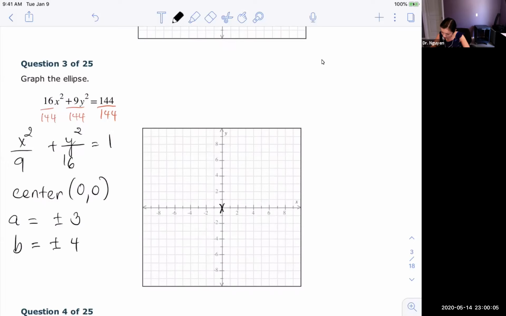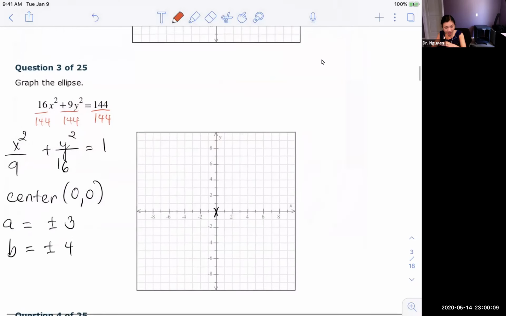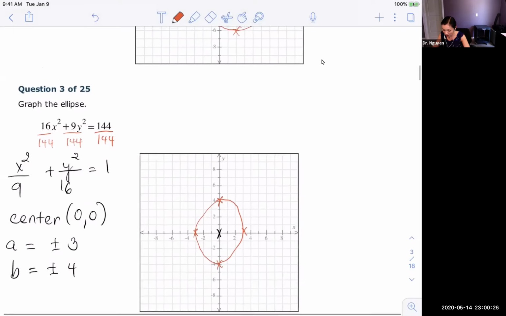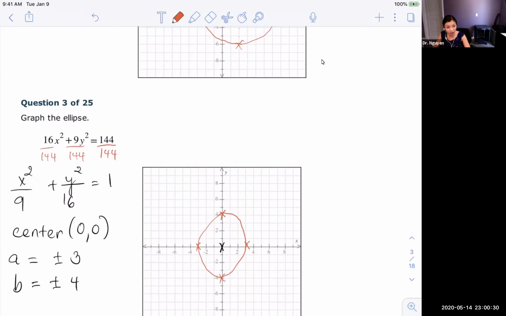So I go center, A, left, right. B, up, down. Okay, so we go that. There you have it.